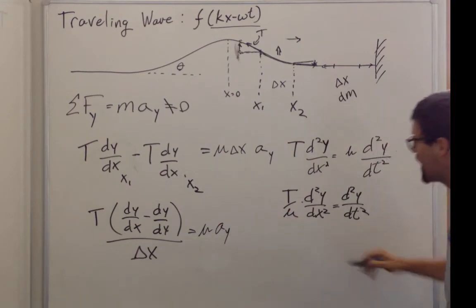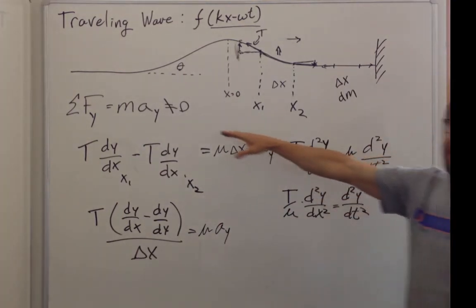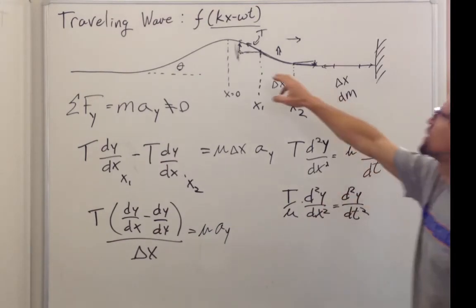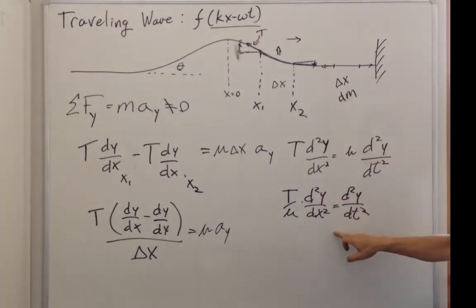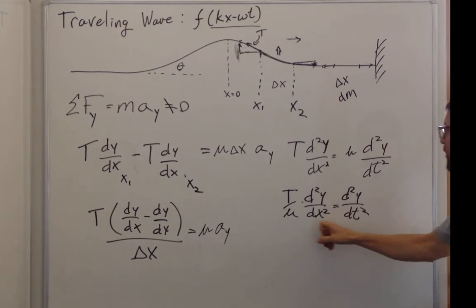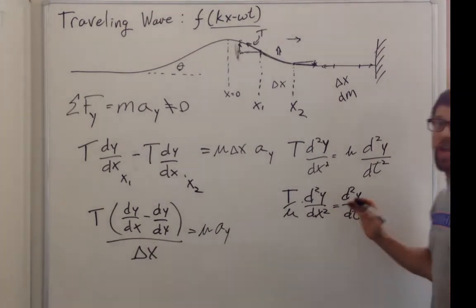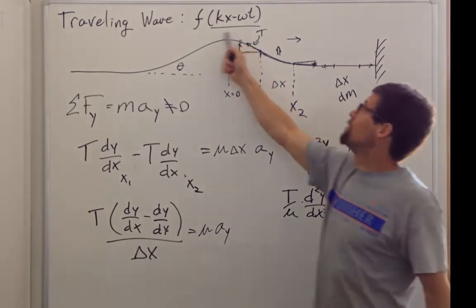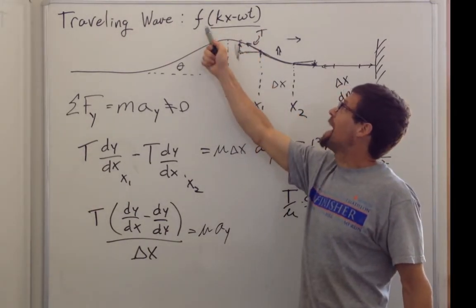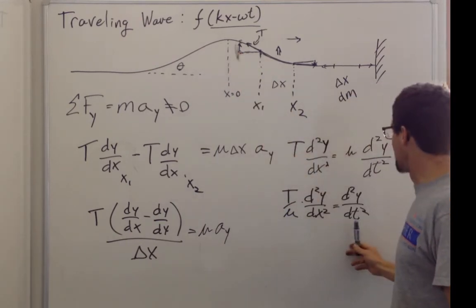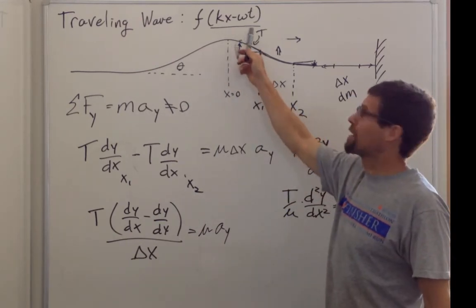Now I have my equation of motion from dynamics, and now we're going to use that guess and check method. Let's put this function in here and see what we get. When we take the second derivative of this with respect to x and t, using the chain rule, these functions are going to give us the same result, except this is going to take a derivative with respect to x, and this is going to take a derivative with respect to t.